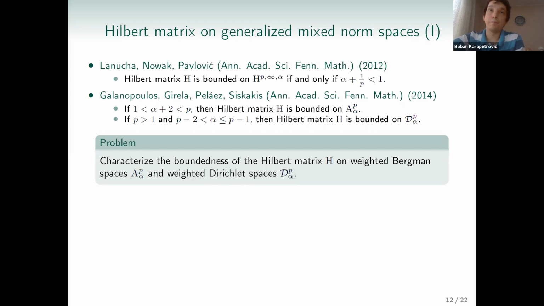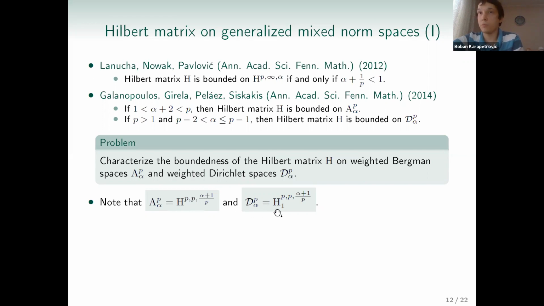As you have seen before, this weighted Bergman space AP alpha is actually a mixed norm space, and this weighted Dirichlet space D P alpha is a generalized mixed norm space.